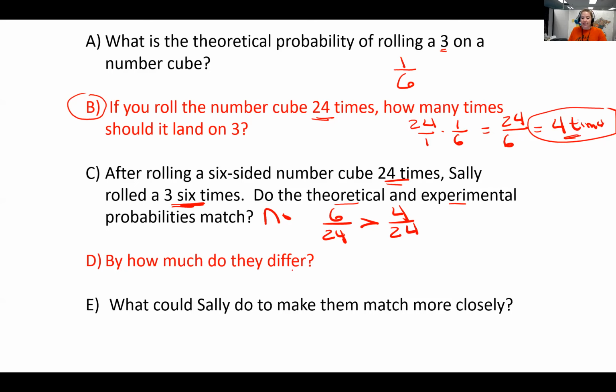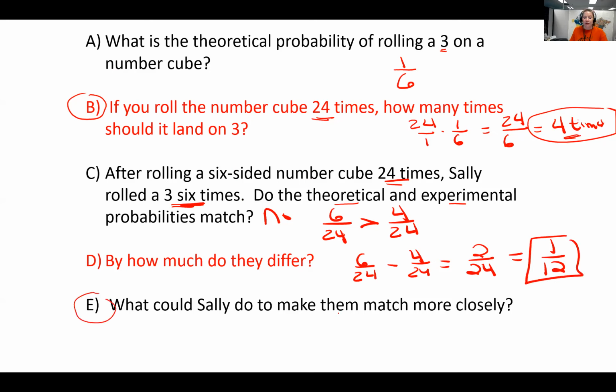Well, in math, differ means to subtract. So we would say 6 24ths minus 4 24ths, and we would get 2 24ths. And if we simplify that, we get 1/12. They differ by 1/12. And then letter E says, what could Sally do to make these probabilities match more closely?